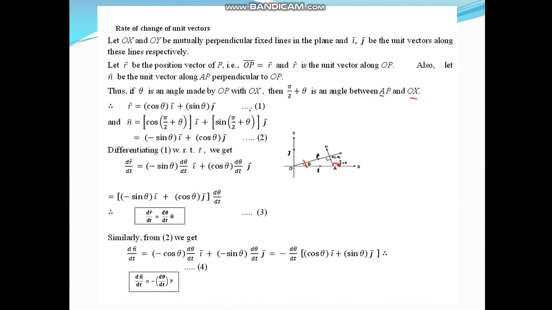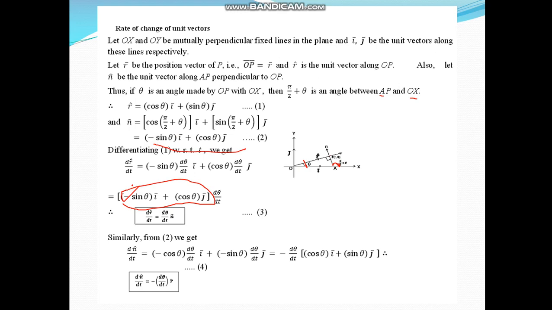Now differentiate number 1 with respect to t. So dr cap by dt will be minus sin theta d theta by dt i plus cos theta d theta by dt j. d theta by dt we can take common from here. So check the bracket quantity here. The bracket quantity is the value of n cap.